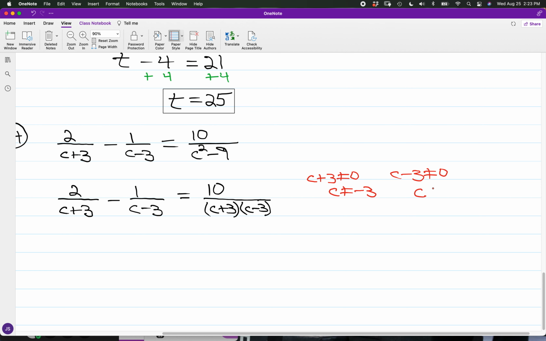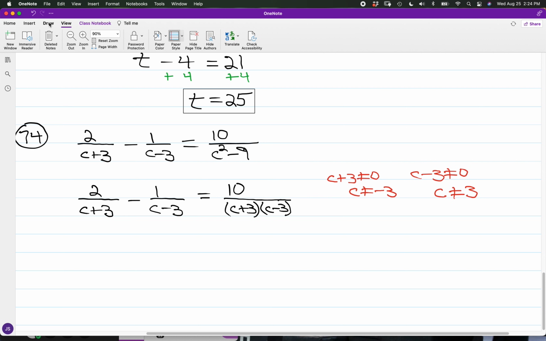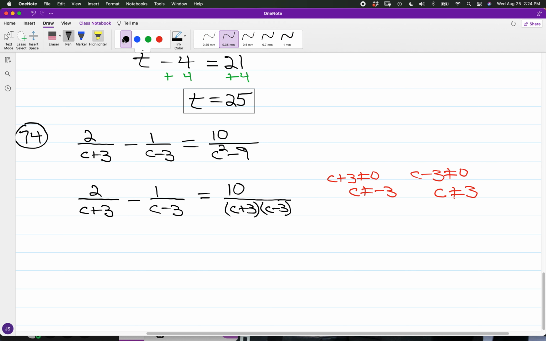And c minus 3 cannot be 0, and we have that c cannot be 3. And now, just a little bit of history repeating. Now, clearing out the fractions, we're looking at multiplying these 3 ratios by the least common denominator. And so for what we have here, by itself we have c plus 3.